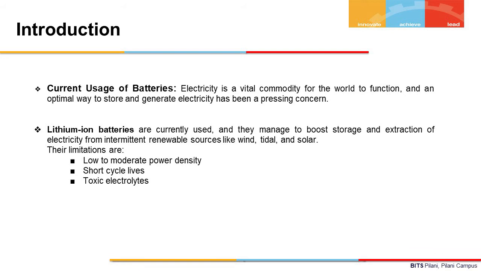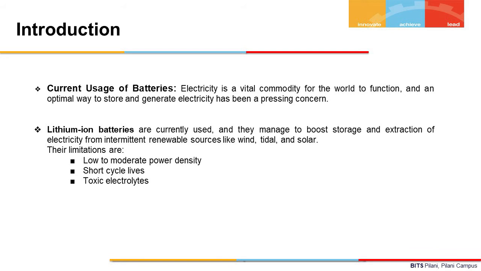been a pressing concern. Lithium ion batteries are currently used, and they manage to boost storage and extraction of electricity from intermittent renewable sources like wind, tidal, and solar. Lithium ion batteries are one of the major power sources to electronic devices, smartphones, automobiles, and other parts of our lives.